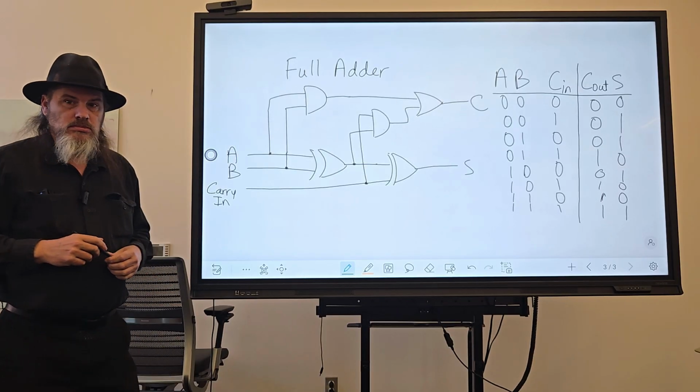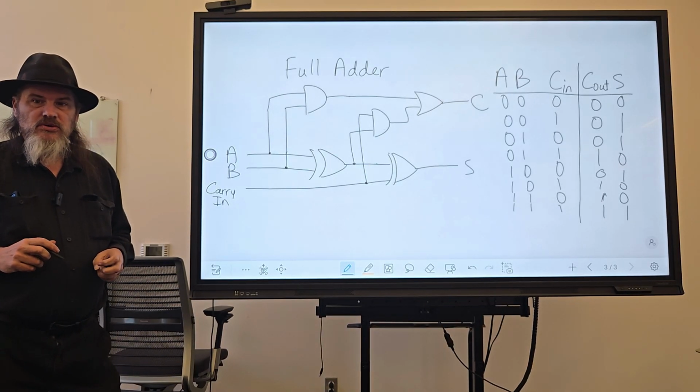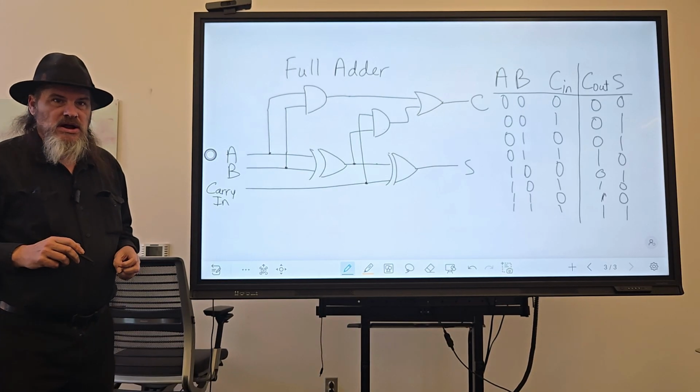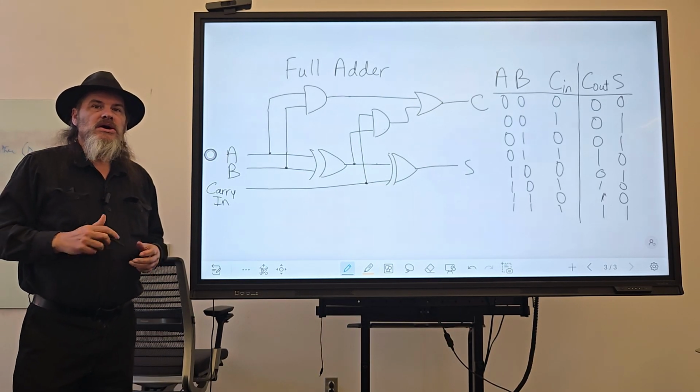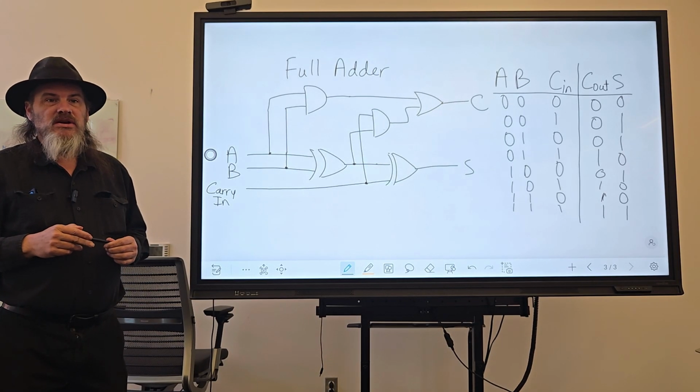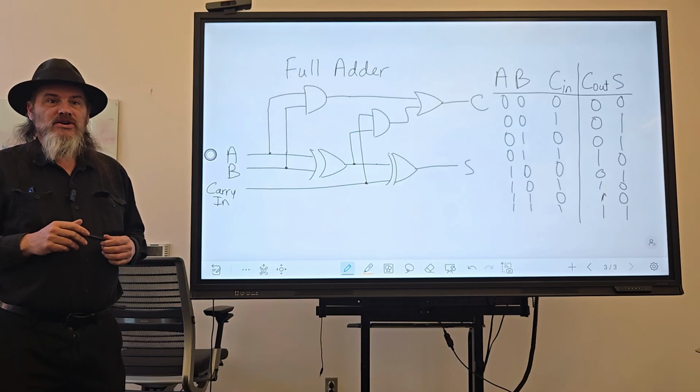Some folks are still writing, so I'm going to wait to clear the screen before I show you how a ripple adder works and how it is used to make a subtractor.